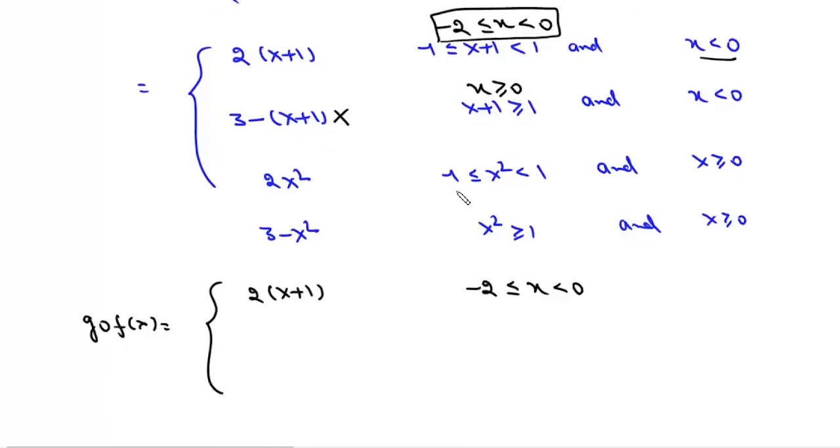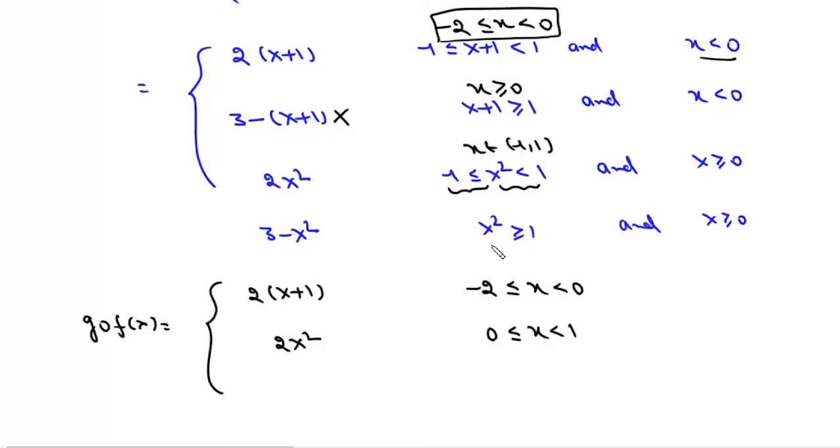Now if you look at the third one, x square is always greater than minus 1, and x square less than 1 means x lies between minus 1 and plus 1. And here x is greater than or equal to 0. So the intersection is x greater than or equal to 0 but less than 1. In this case, the definition is 2x square.